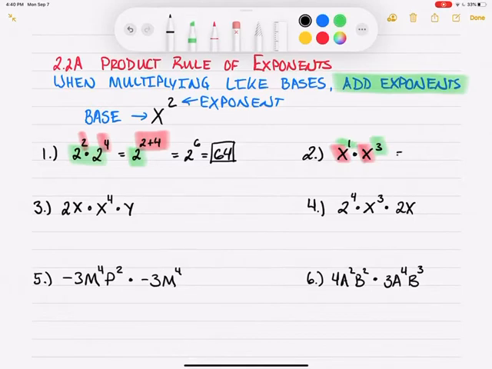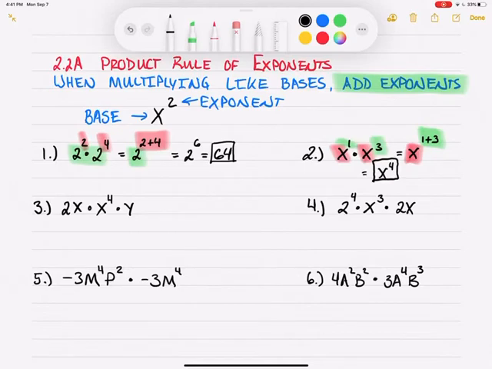So this is going to become x to the 1 plus 3 power. Remember, we keep our base the exact same, and we add our exponents together. That's what happened. So this becomes x to the 4th power. There's nothing left to simplify, so we simply box it up.